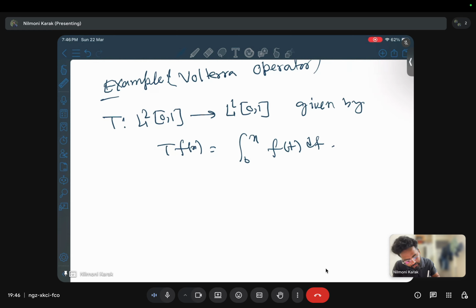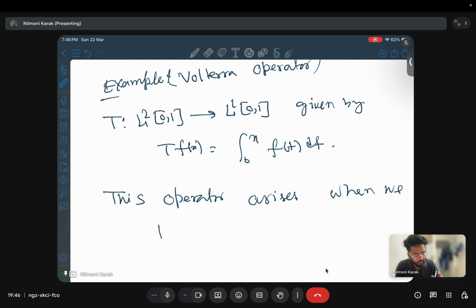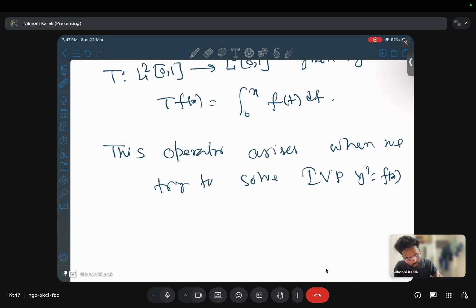This operator arises when we try to solve the IVP y' = f(x), y(0) = 0.